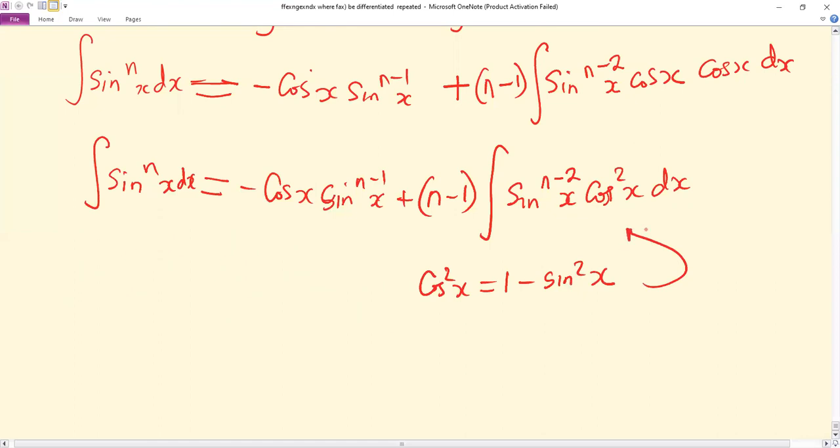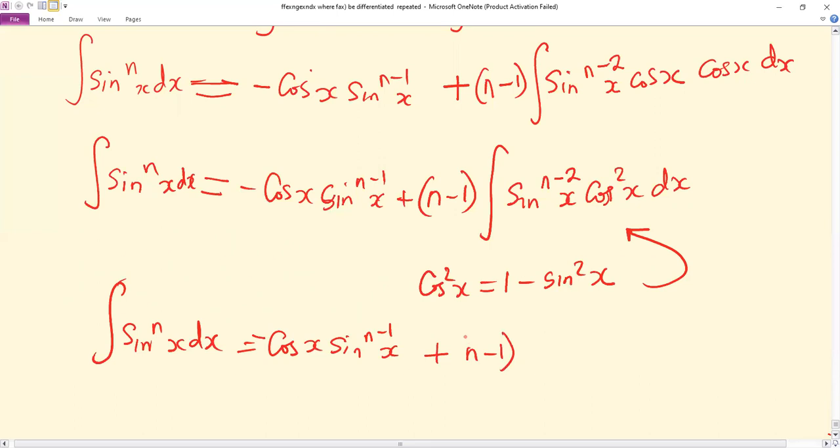So using that, we'll have the integral of sine power n x dx is negative cos x sine power n minus 1 x plus n minus 1 times the integral of sine power n minus 2 x times 1 minus sine squared x dx. I've replaced cos squared by 1 minus sine squared.